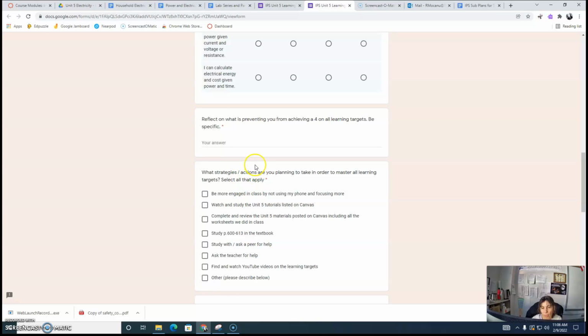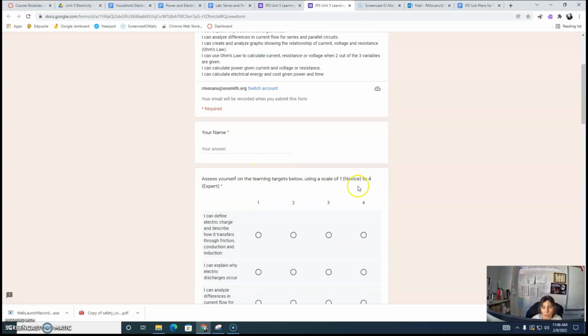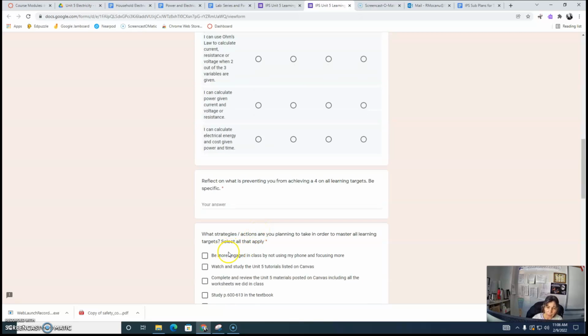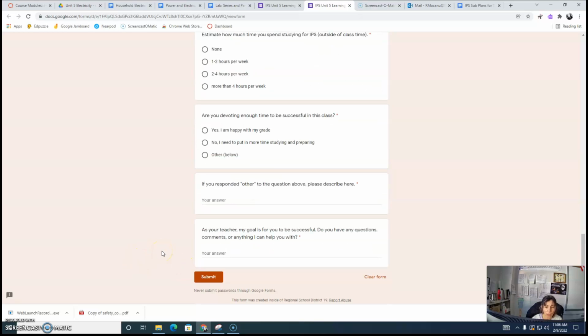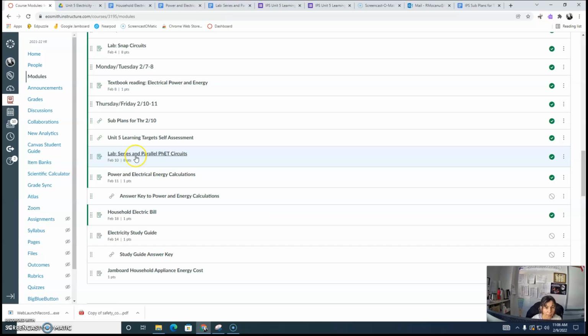If you rated yourself a 1 or a 2, meaning that you are not feeling like you're really mastering these targets right now, tell me what you are going to do in order to master the targets. Which of these strategies are you going to adopt? Then continue on and fill in the rest of the survey. All right, so that is your first task for today.